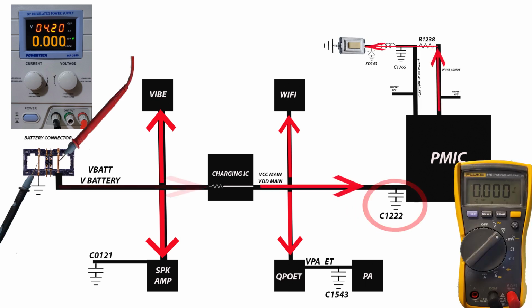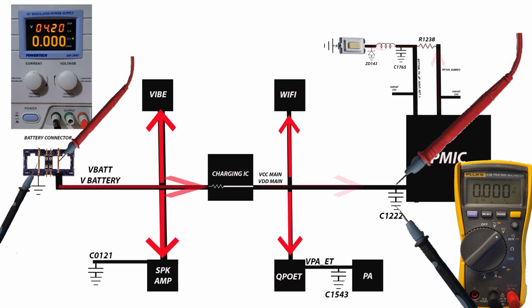Put the selector on DC measuring, and the black cable or black probe connected to the ground, and the positive or red cable connected to the positive lane. That means the other side of the capacitor, like this in the video.